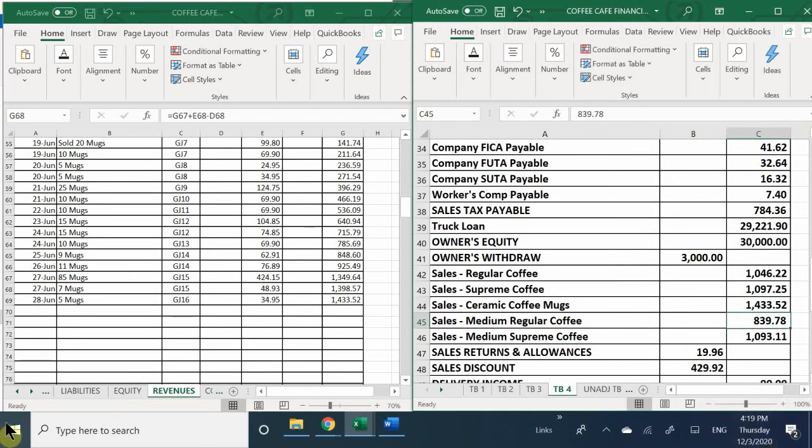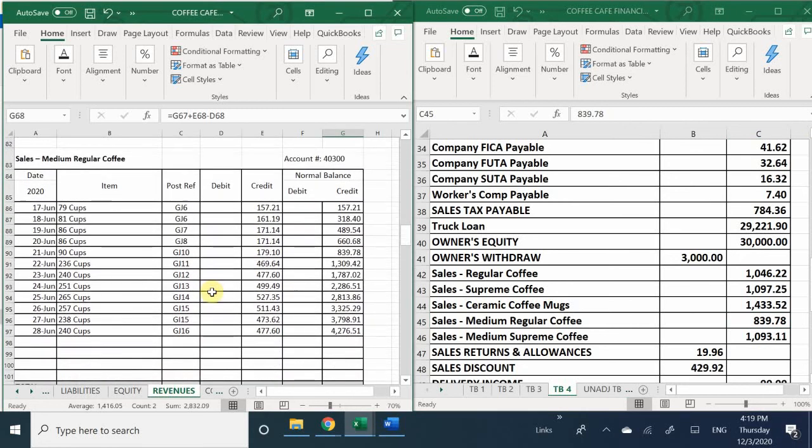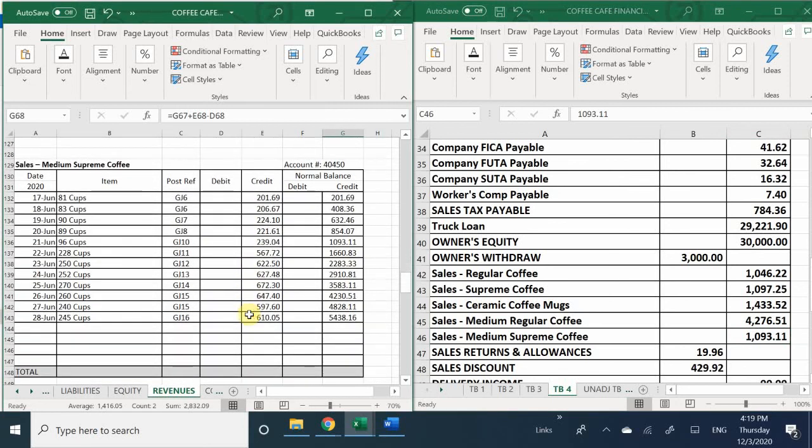And then now sales for the medium regular coffee: $4,276.51. Okay. All right. And then what about the sales for the medium supreme coffee? $5,438.16. Okay.